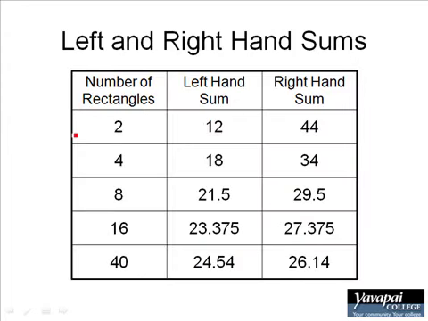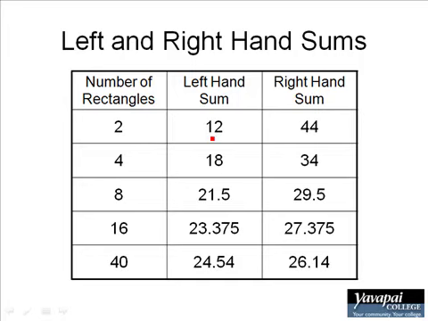So let's look at a summary of what I've done so far. I worked out for 2, 4, 8, 16, and 40 rectangles what the left-hand sum was. That means each one of my rectangles touched the curve on the left-hand side, and a right-hand sum, which means each one of the rectangles touched on the right-hand side.